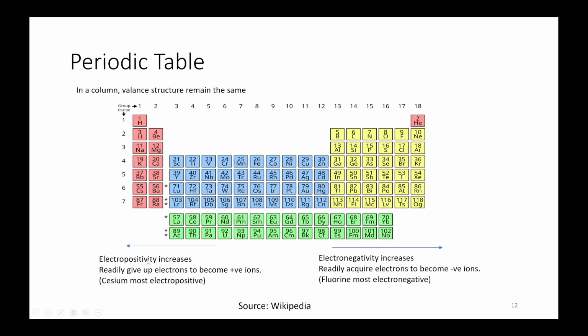So these will have electropositivity and these will have electronegativity. It is written here that these readily give up electrons to become positive ions, and cesium is most electropositive. And in this direction, these readily acquire electrons to become negative ions, and fluorine is most electronegative.